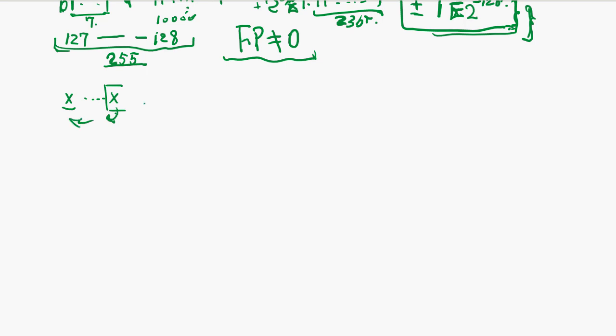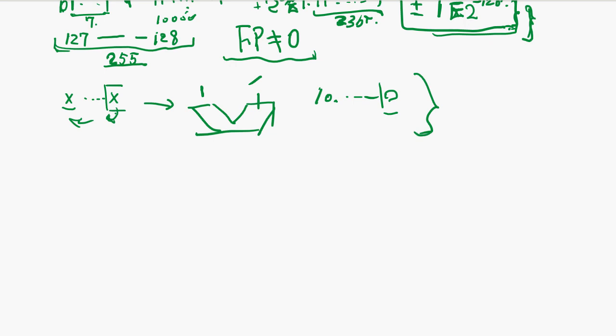So after calculation, you have to do one more time, add 1, and what if the shifted result becomes 1 0 point something, then you have to shift the number again. If you shift the number again, and 1 bit goes below, you have to do rounding again. So round to nearest is a lot of problem.